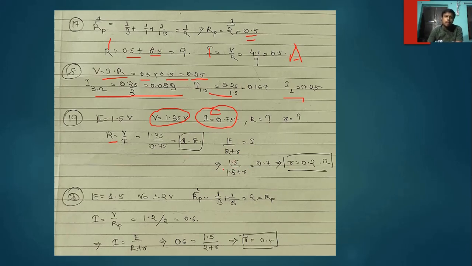So 1.5 by 1.8 plus r is equal to 0.75. So r is equal to 0.2 ohm. We got the external resistance as 1.8 ohm. I have a very bad habit of leaving out the symbols, so don't you leave them. r is equal to 0.2 ohm.